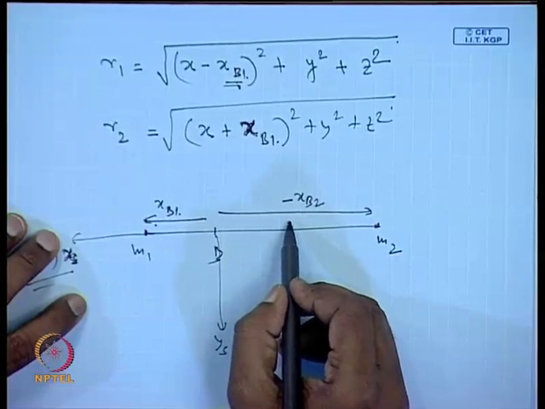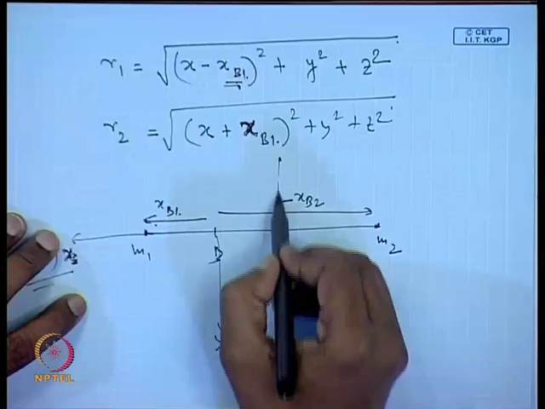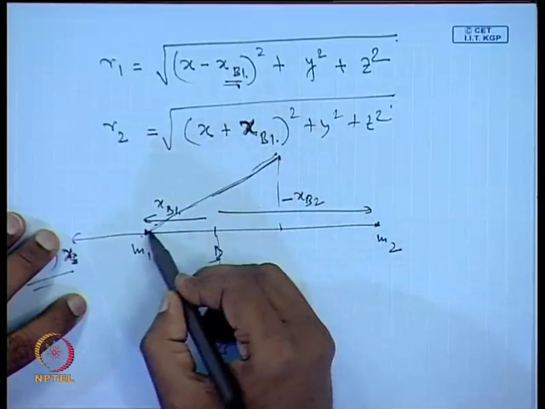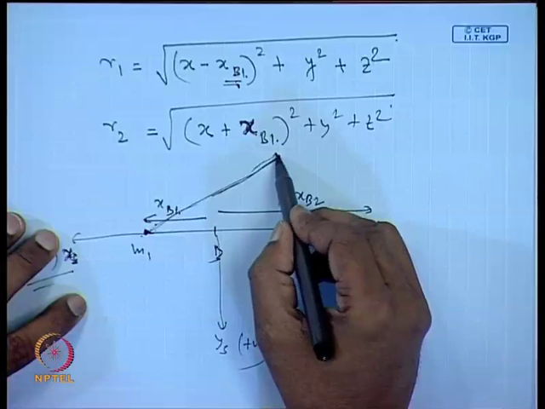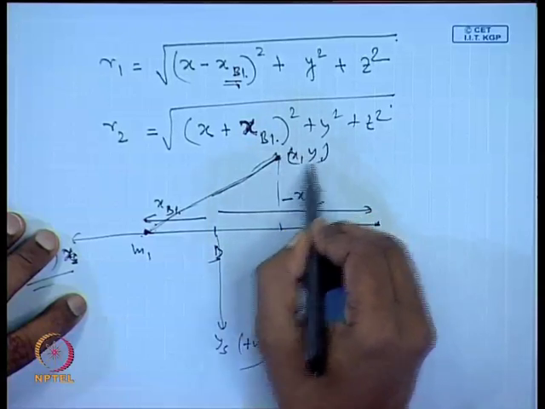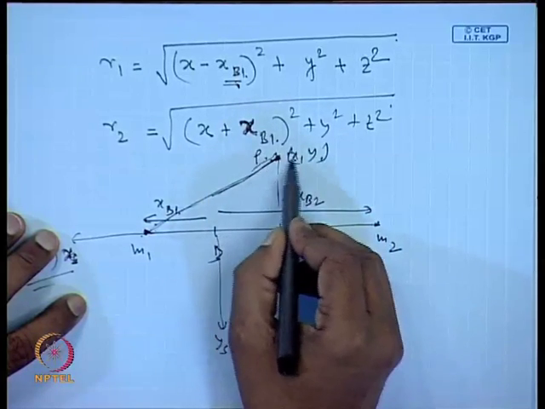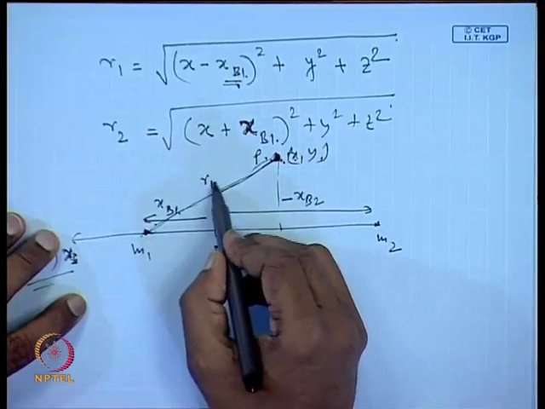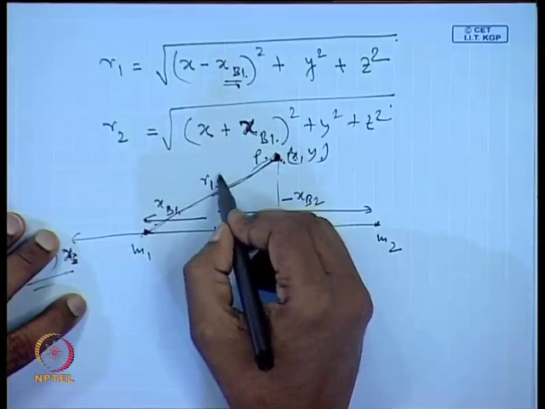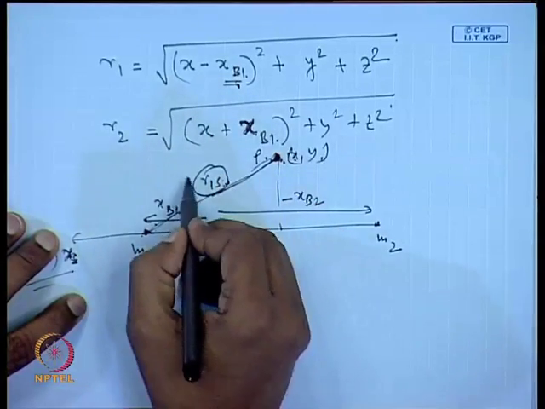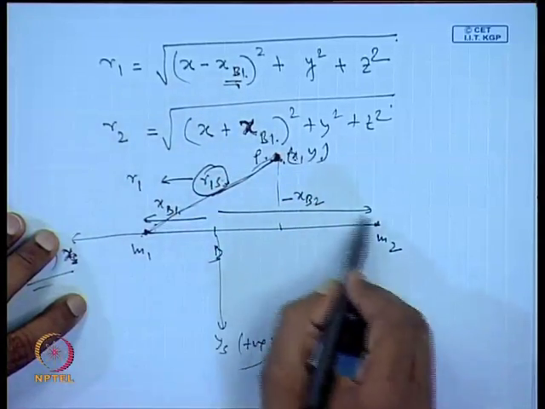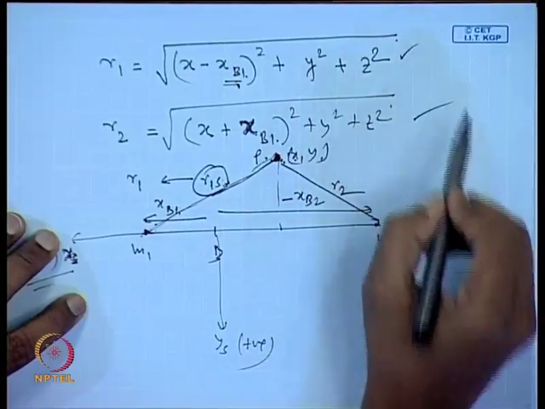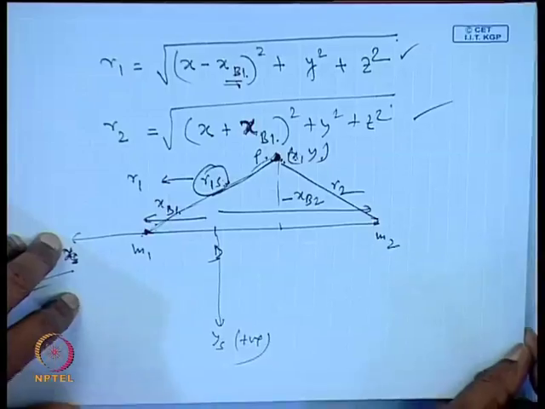So, for any point x, y we choose, the radius vector from here to the point P, at which the mass m3 is lying, we wrote as r1 s, and later on we dropped the notation S and just wrote it as R 1. Similarly, from here to here this is R 2. So, these R 1 and R 2 are described by these two equations.